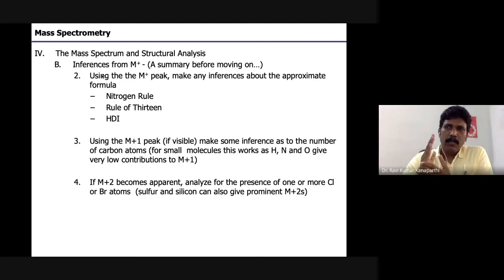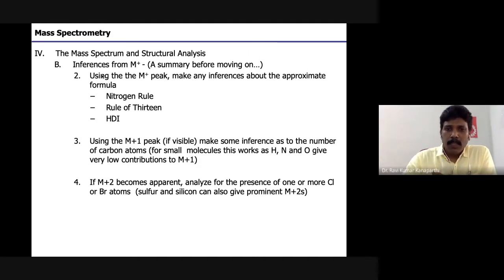Okay, so there is a nice approximate correlation between the intensity of the m plus 1 peak and the number of carbons present. Therefore, once you encounter the molecular ion peak, you try to calculate approximately how many carbon atoms are there in that particular molecule. Okay, that is another thing.